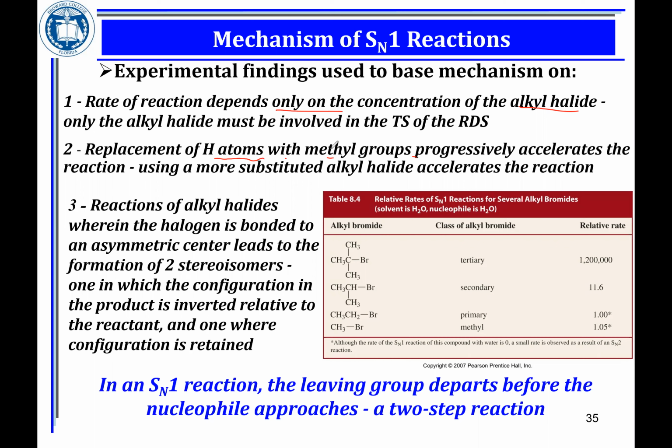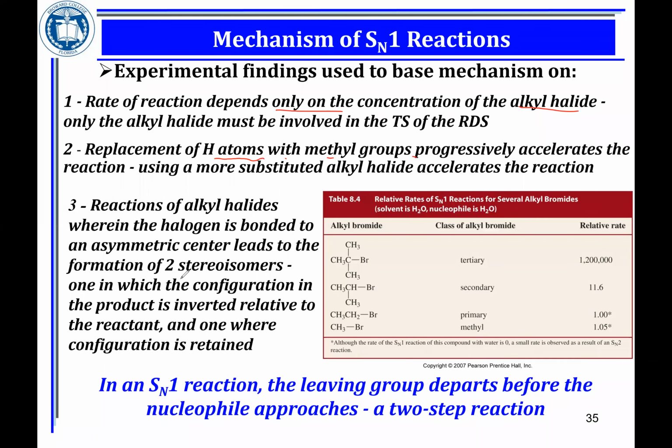And also, another difference between SN2 and SN1 reactions is that if the substitution is going to give you a chiral center, remember for SN2, it was a Walden inversion or umbrella effect. If you start with the R reactant, you would end up with the S product.